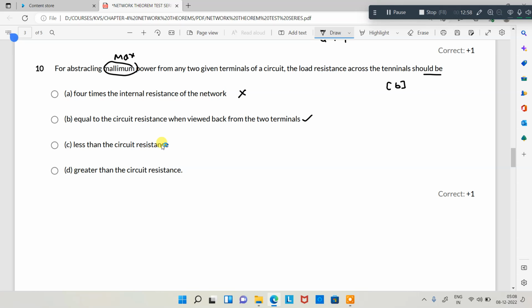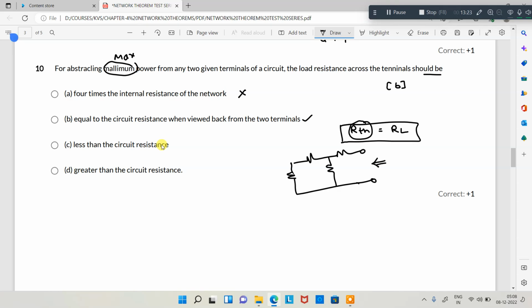So in the statement also it is clearly mentioned, source resistance is equal to load resistance, then only maximum power is transferred from the source to load. The source resistance, load resistance calculation, see here, equal to the circuit when viewed back from the circuit. That means you disconnect all the voltage sources and deactivate current sources. You look back from the load terminals, that is called RTH. That's what is given here, equal to the resistance viewed back from the terminals. Less than the circuit resistance, no. Greater than the circuit resistance, no. Option B is a correct option.